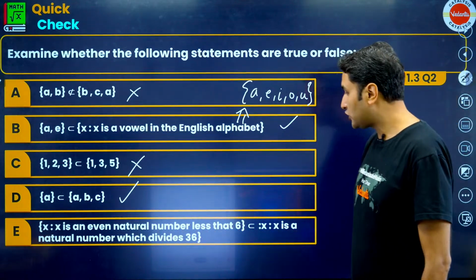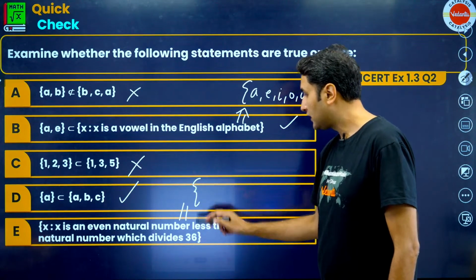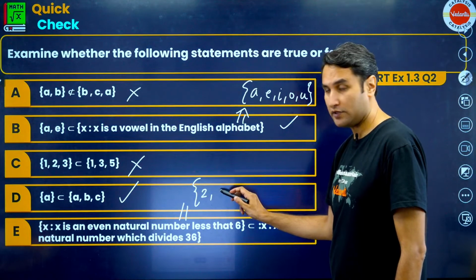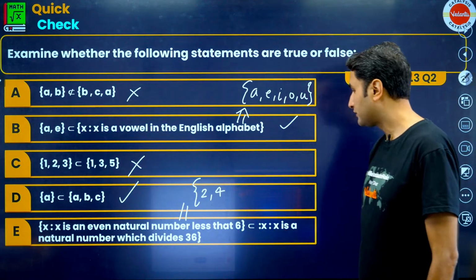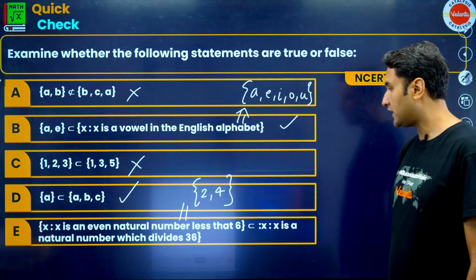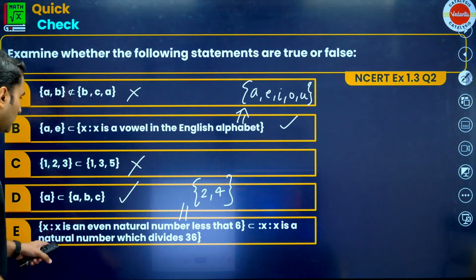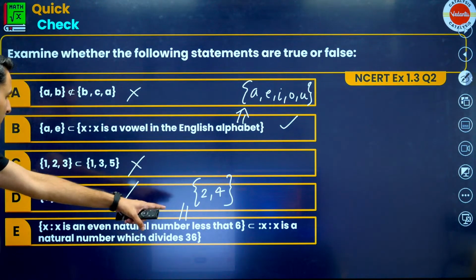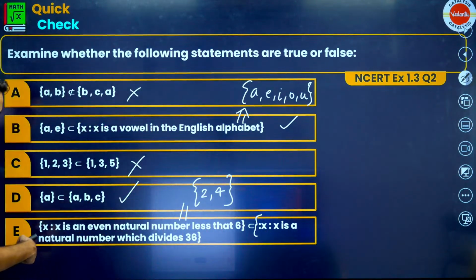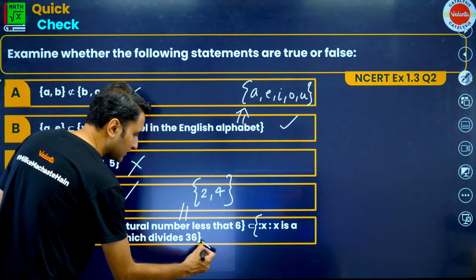X is an even natural number less than 6. So what is an even natural number less than 6? 2, 4. So 2 and 4 are the even natural numbers less than 6, not equal to 6. Now the second statement, set of all x such that x is a natural number which divides 36. So what divides 36?